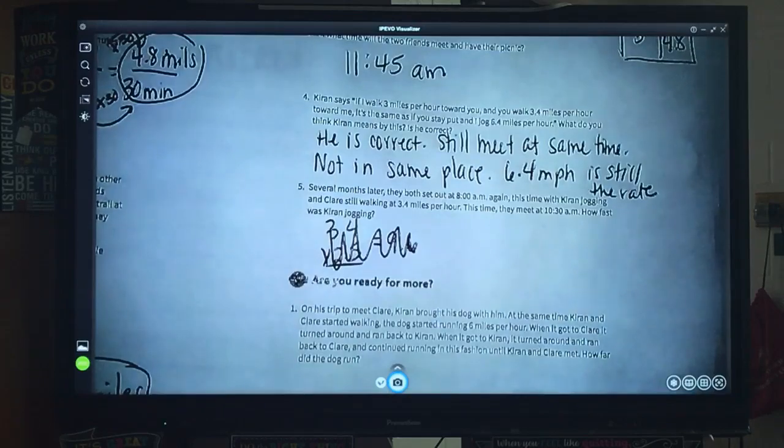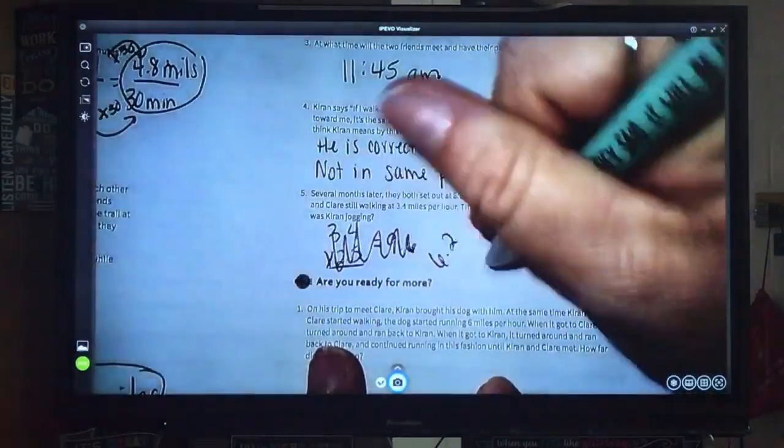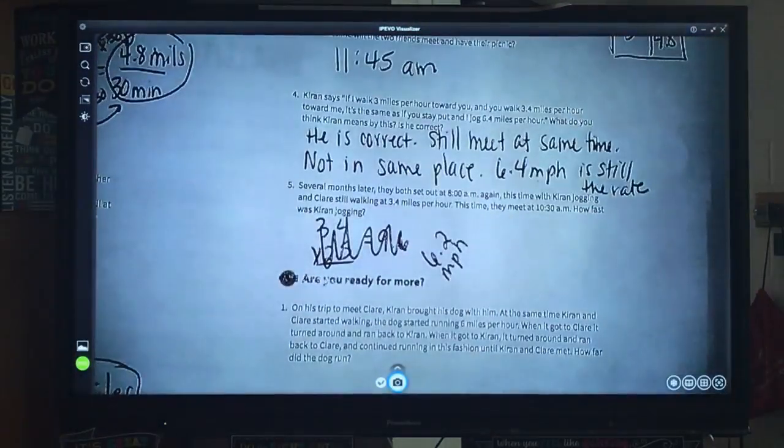Essentially your answer is 6 and 2 tenths miles per hour. Let me write that before I forget. Did anybody else find another way? I didn't complete the problem, but I want to see if this is a way I could do it. Couldn't you see how much Claire ran, and then subtract it from the total, which obviously you have to find the total first?